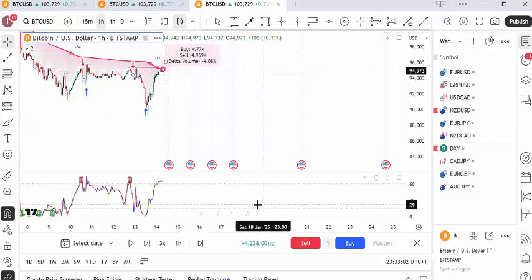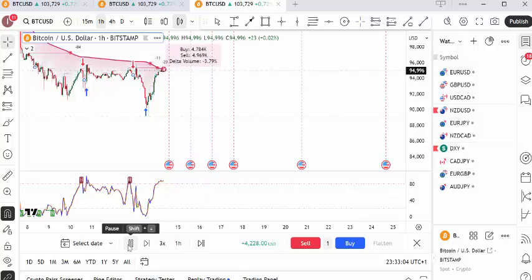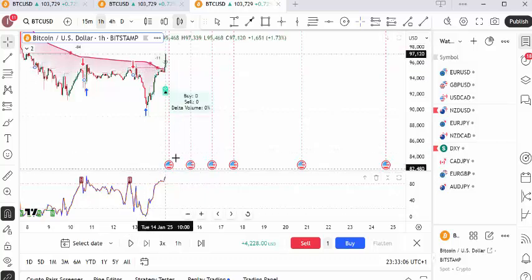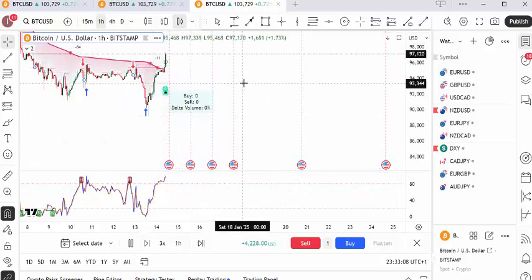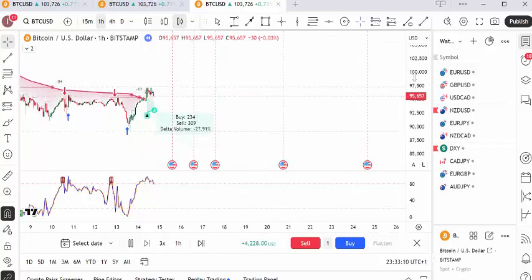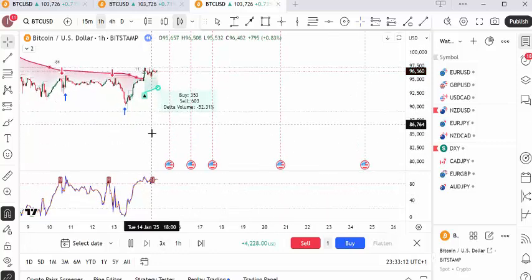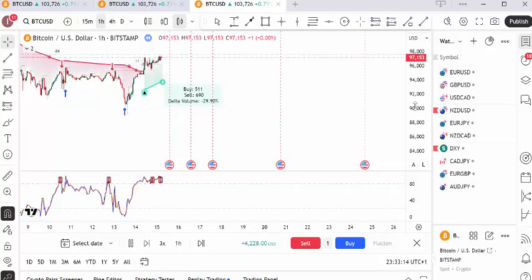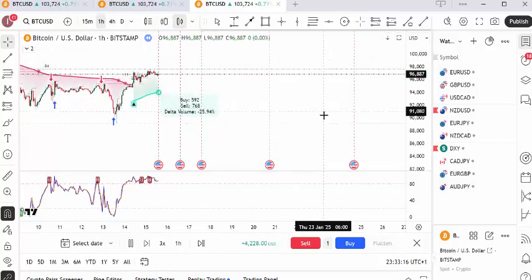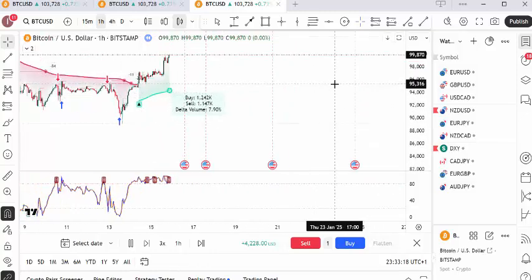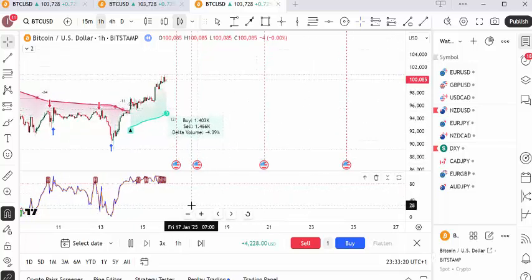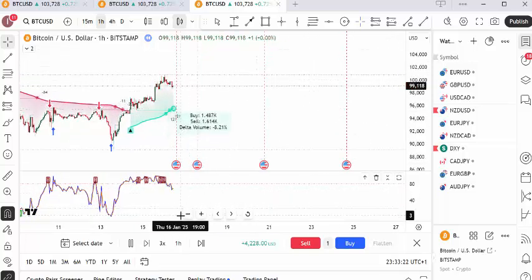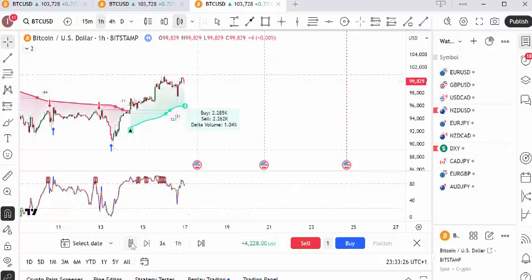Another bearish. Okay, good. Market is bullish.